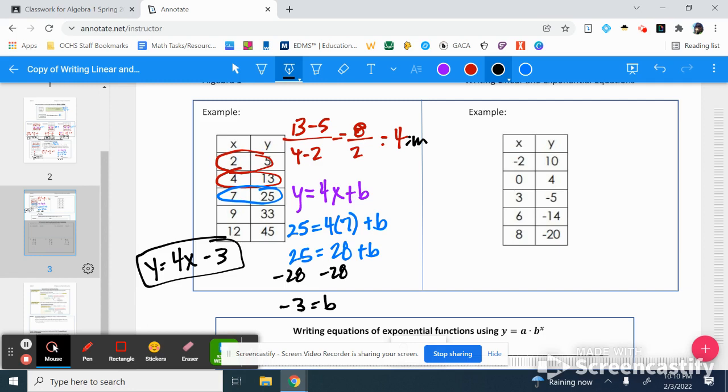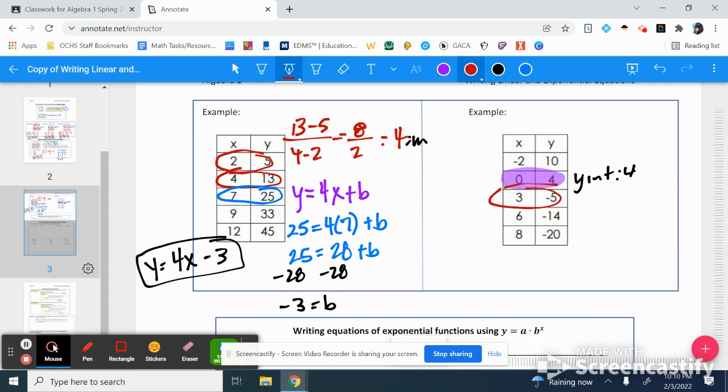As I look at my second chart, I want to see if I have any x values that are equal to 0, and I can see that I do. So my y-intercept is actually already identified for me. So all I have to do in this case, since the y-intercept is already there, is determine what the slope is. So I'm going to pick two values.